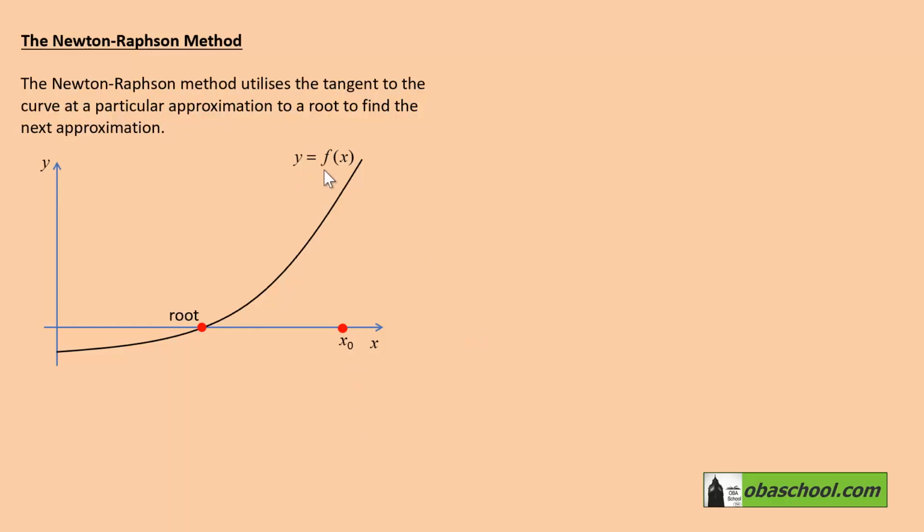Now, the curve is y equals f of x, so we can find this point by using x naught and substituting that into f of x. And that tells us that this point is x naught, f of x naught. And then we can find the tangent. The tangent cuts the axis here, so we would use that as the next approximation, and we would repeat that process. So like the other techniques that you've met, it's an iterative technique.